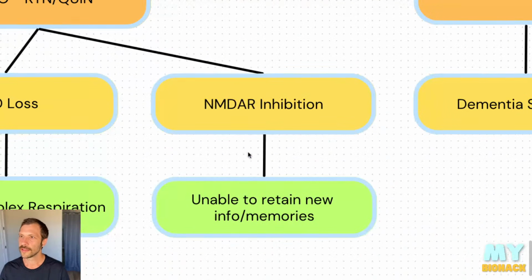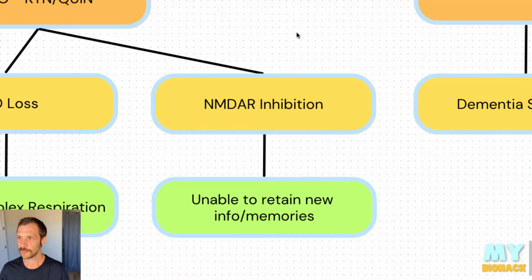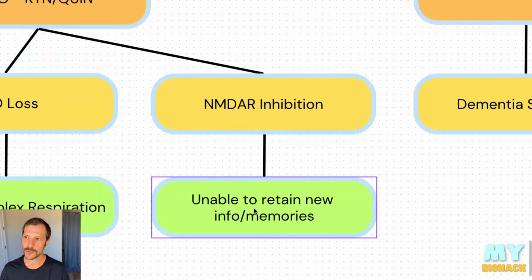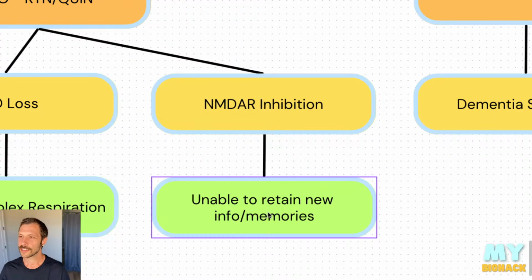When you get too much NMDA activation from glutamate, it's highly oxidative, which in and of itself can cause issues with creating new memories. But hyper inhibition also leads to this. A good example of an NMDA antagonist, something that blocks that, is magnesium, like magnesium glycinate.